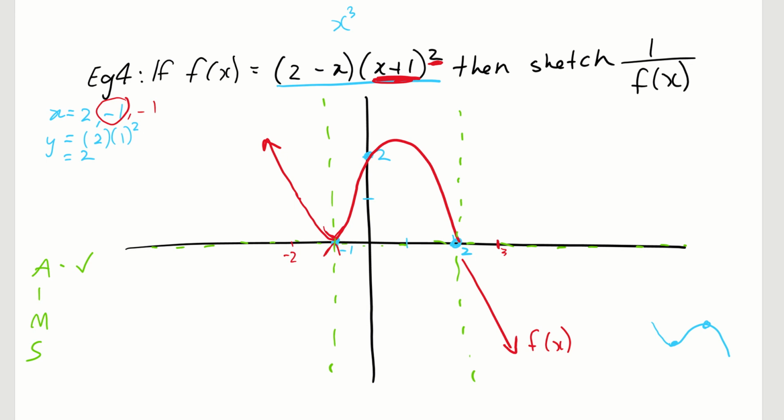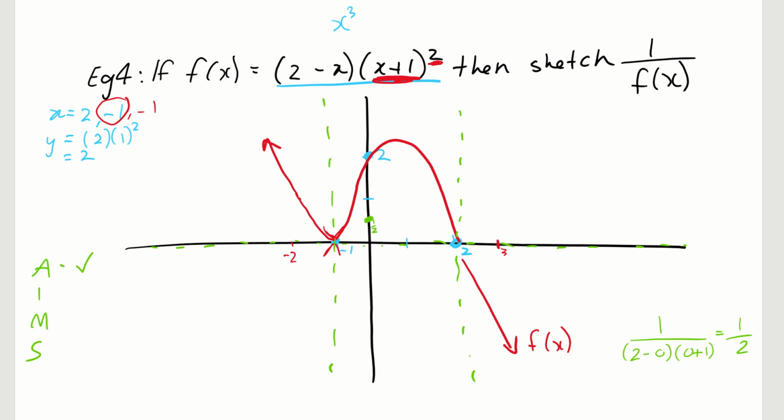I'm going to sub in x equals 0. Let's see what I get in the function of 1 on (2 minus 0)(0 plus 1). That gives me 1 on 2. So I have a y-intercept at a half, which is about here. I know my reciprocal function has a y-intercept at a half.